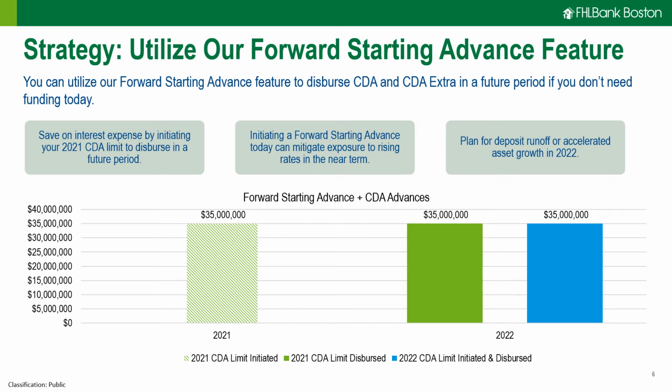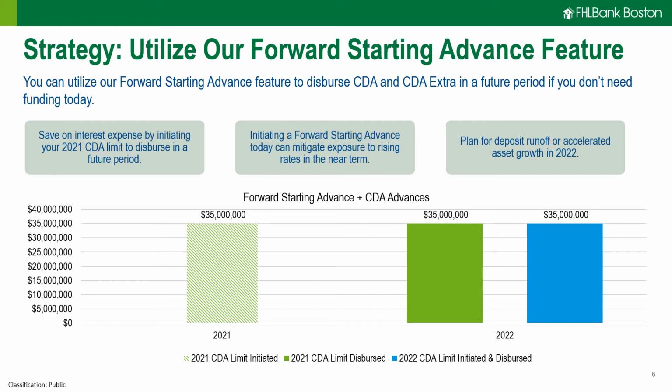And then when looking at it in terms of the CDA advance, when we talked about the limits per year, this graph is showing that you could initiate a forward starting CDA in 2021 and disperse that in 2022, and that advance would go towards your 2021 allotment.